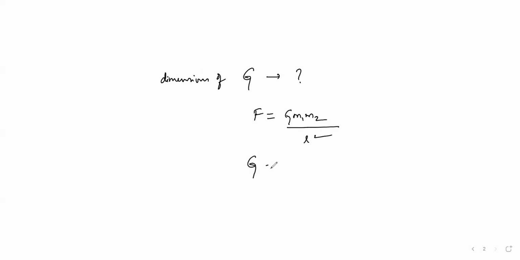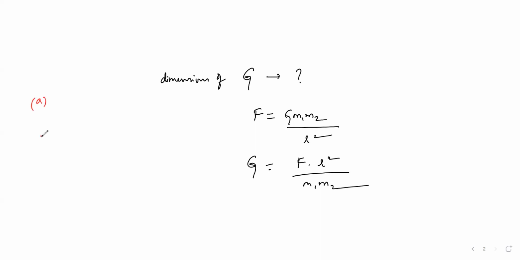Dimensions of universal gravitational constant. F is equal to G m1 m2 by r square. I want in terms of G, that is F into r square by m1 m2, right? Or I will put it in even simpler ways.